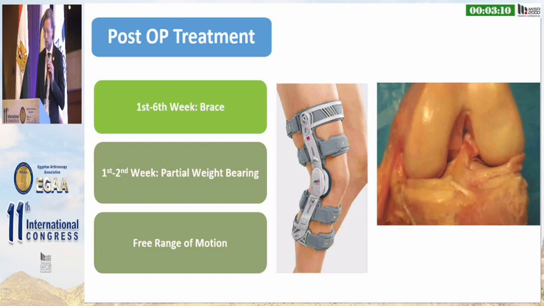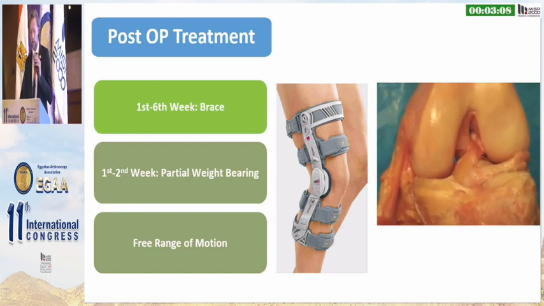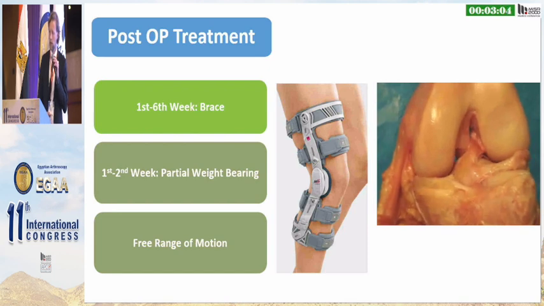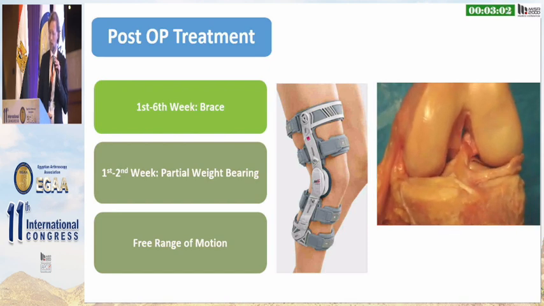So I let them move their knee completely free, but I want to prevent that they rotate their knee. That's the reason why I put them in a brace, because there are a lot of forces on the ACL if they rotate the tibial bone. But I don't really think that you have to limit the range of motion in extension, because as we all know, in extension, the ACL is very tight usually.